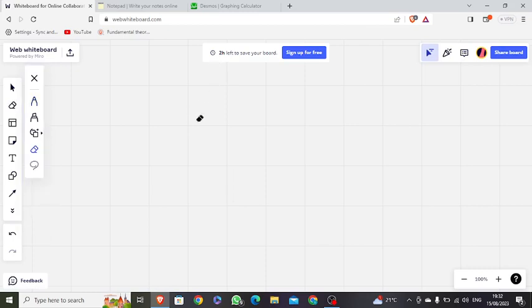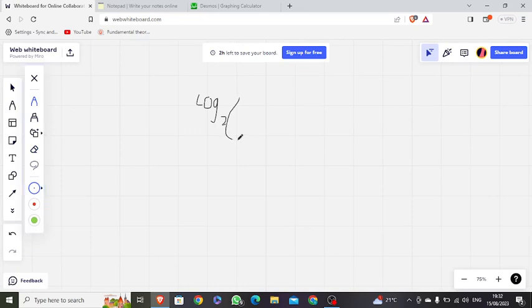The first thing, I'll call it a base. Log base 2 of 2 squared is equal to 2.